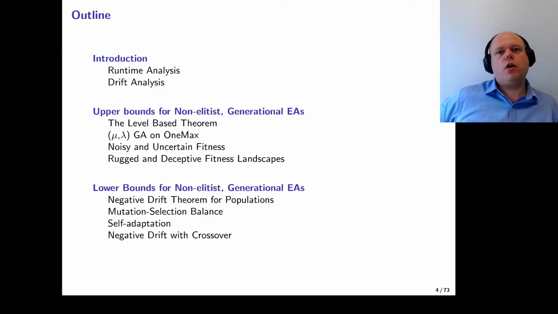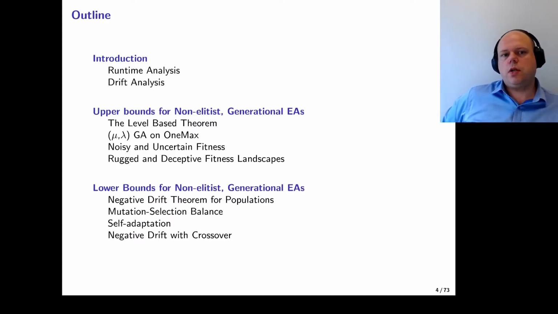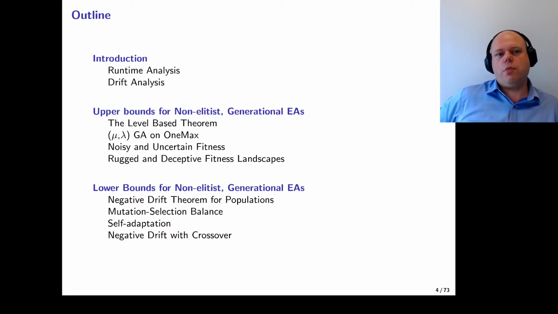Okay, so this is an overview of this tutorial. To start with, we'll introduce formally what we mean by runtime analysis. And then we're going to look briefly at one very important technique within runtime analysis, which is called drift analysis.